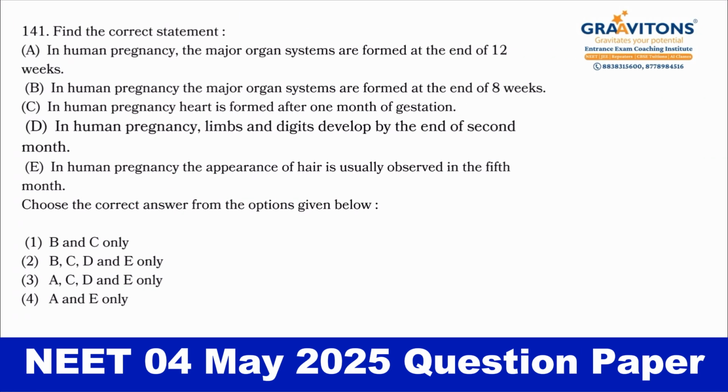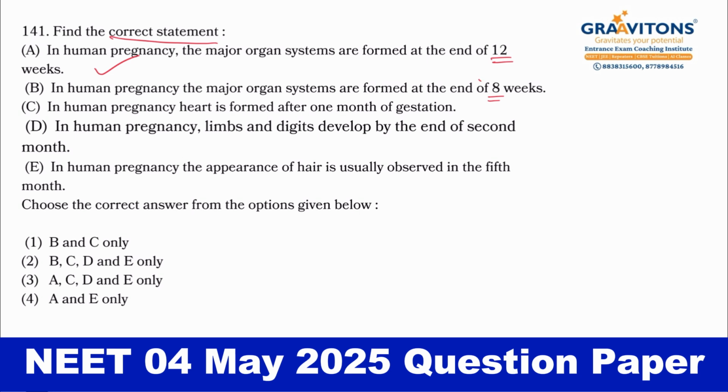Alright. Next, question number 141. Find the correct statement from the options given below. Statement A: in human pregnancy the major organ systems are formed at the end of 12 weeks. Statement B: in human pregnancy the major organ systems are formed at the end of 8 weeks. So here one value and here another value is given, and only one of these statements should be correct.